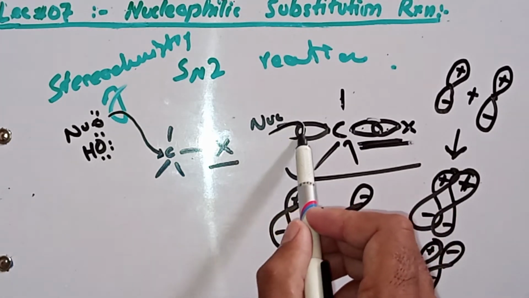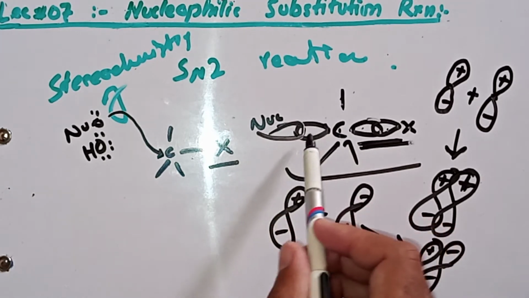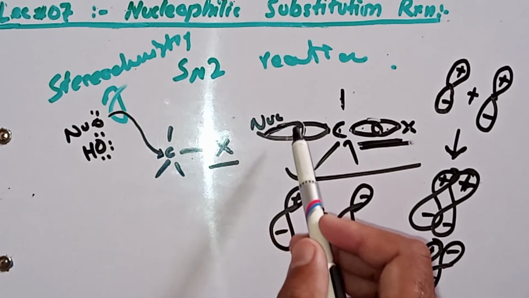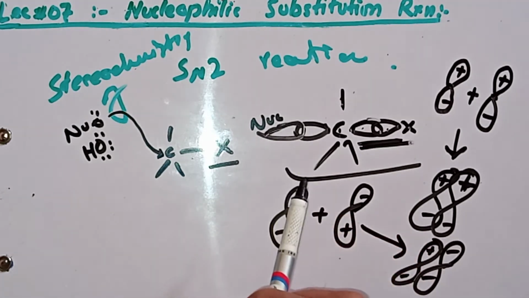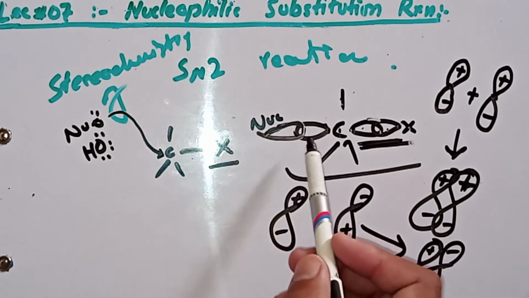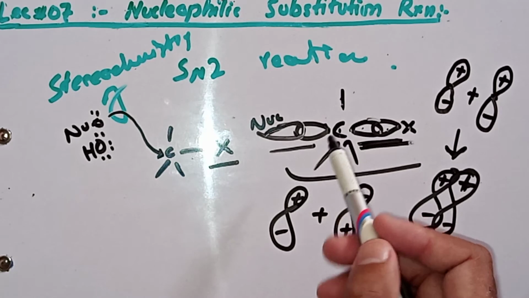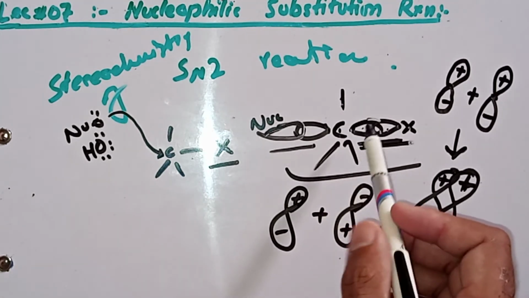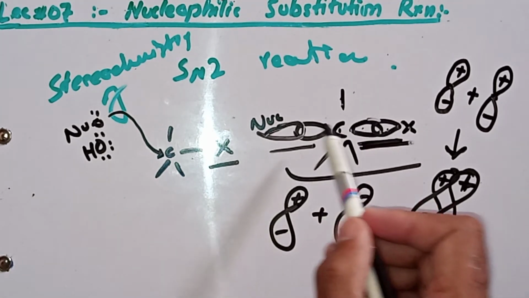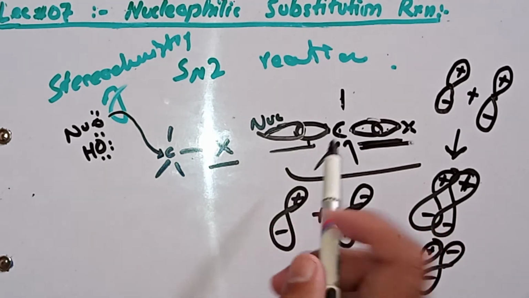But from the back side, this lobe of the electrophilic carbon will form the anti-bonding molecular orbital. These are the lobes opposite to the leaving group, so that will produce anti-bonding, and that gives instability to the atom. As the nucleophile attacks this lobe of the carbon, it gives instability to the carbon.